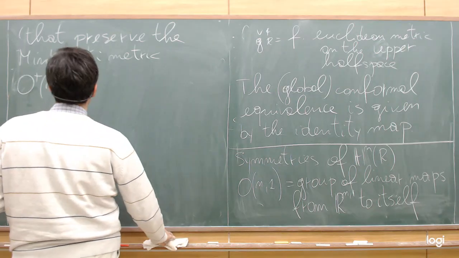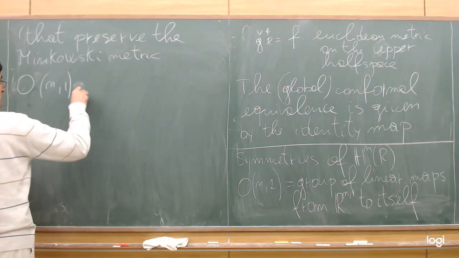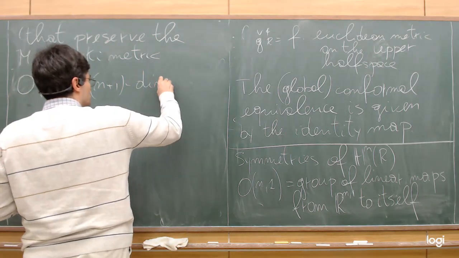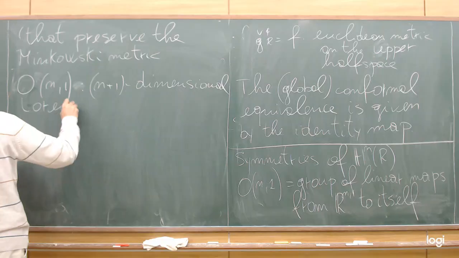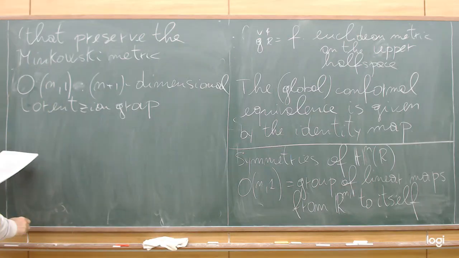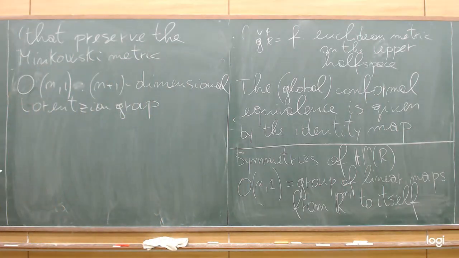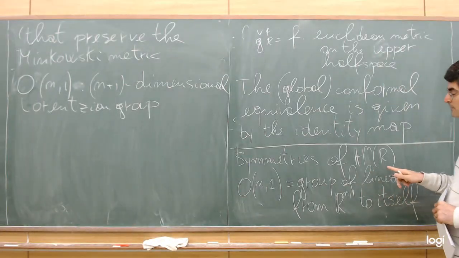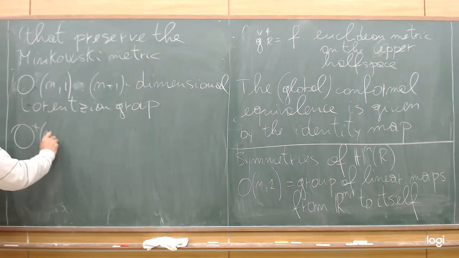I want to tell you that this is known as n plus 1 dimensional Lorentzian group, and the group of symmetries, the group of isometries of HNR is obtained by this one. It is denoted by O plus n comma 1.